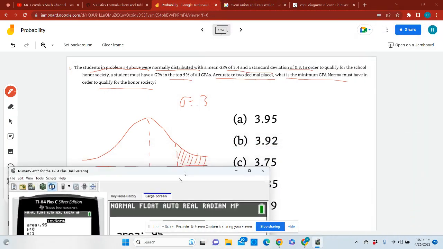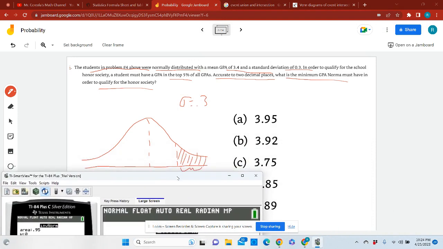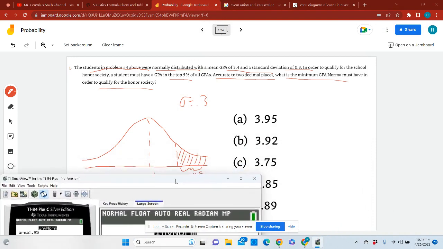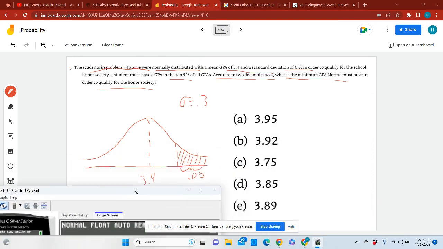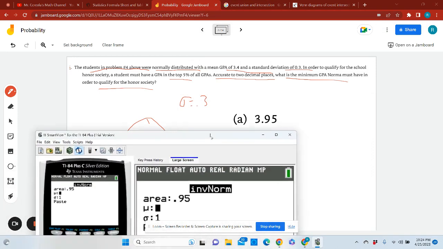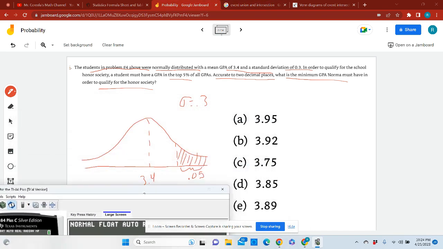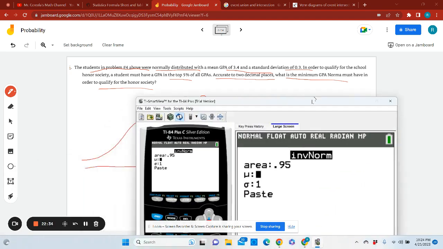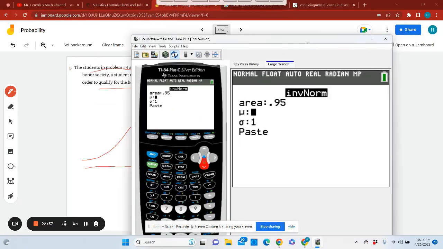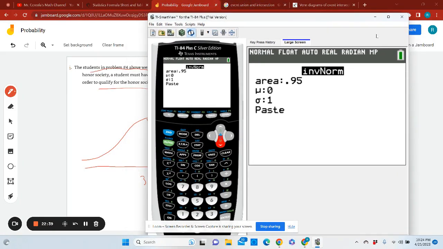And then I could manually, algebraically figure out what this score has to be by using the z-score formula, taking the z-score, multiplying it by the standard deviation, and adding that to my center point, my mean, and that would give me the cutoff. But I don't need to worry about that if the calculator can do it for me, right?